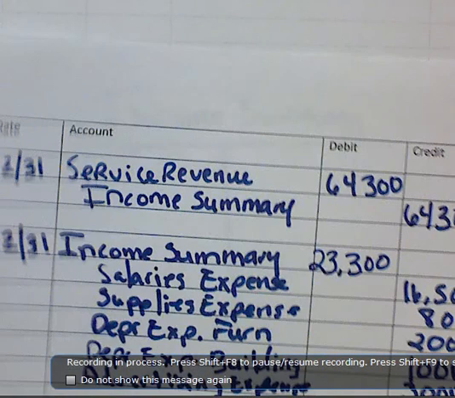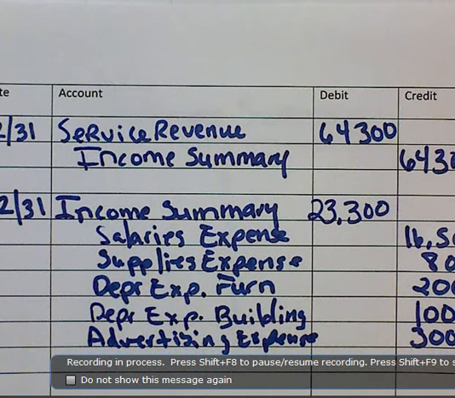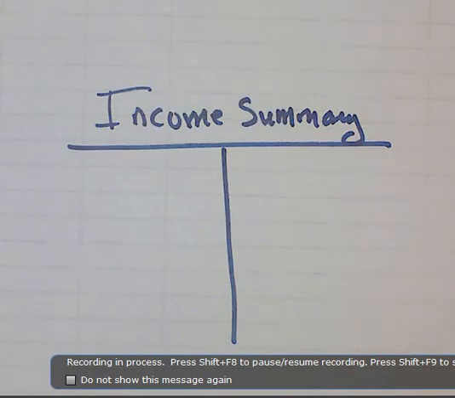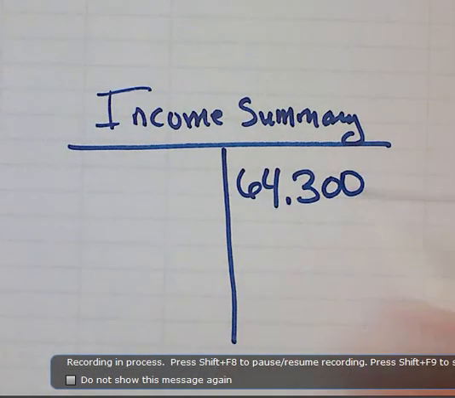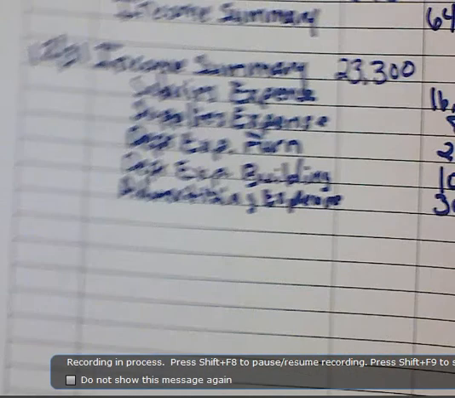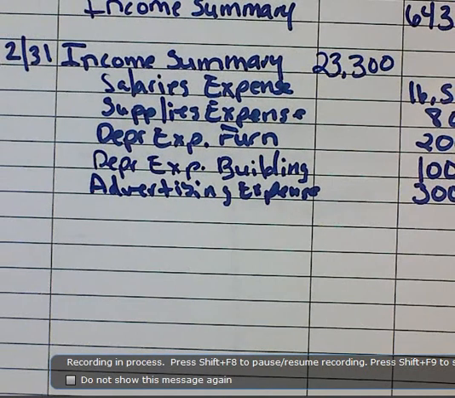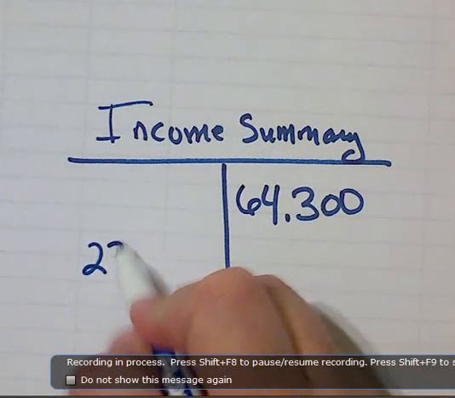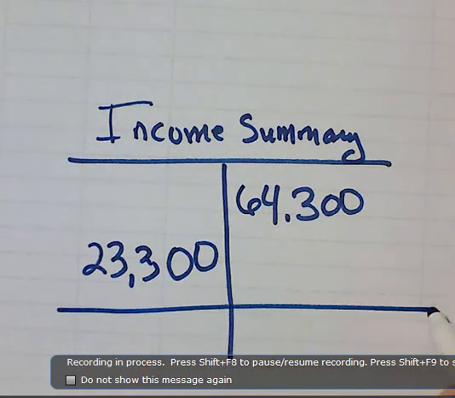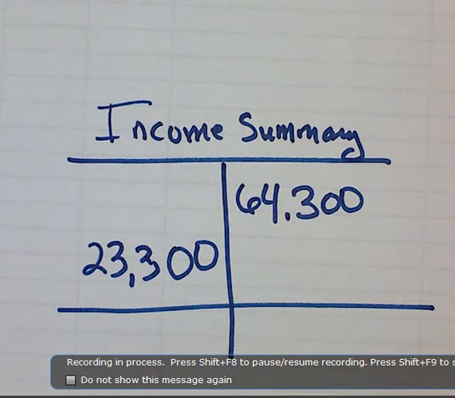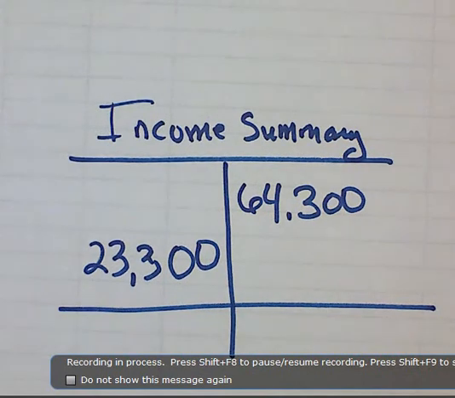My first journal entry, I posted a credit of $64,300. So I'm going to show that here. And then in my second journal entry, I recorded a debit of $23,300. So I'm going to record that here. So if I were to calculate the balance of my income summary account, I will have a balance of $41,000.